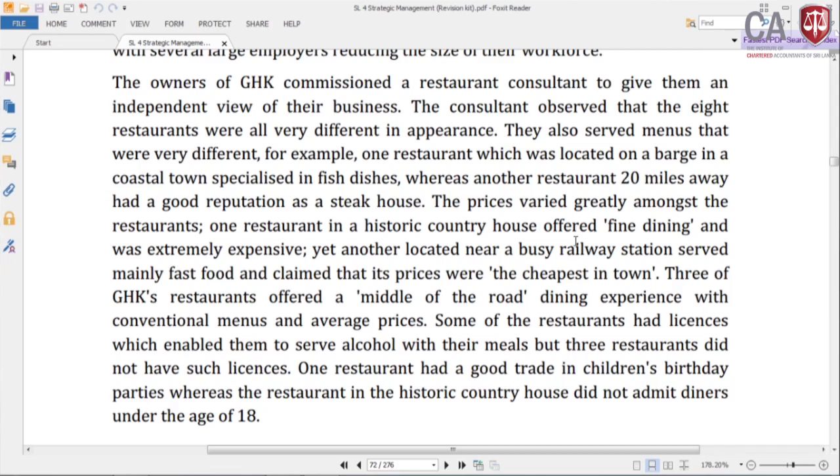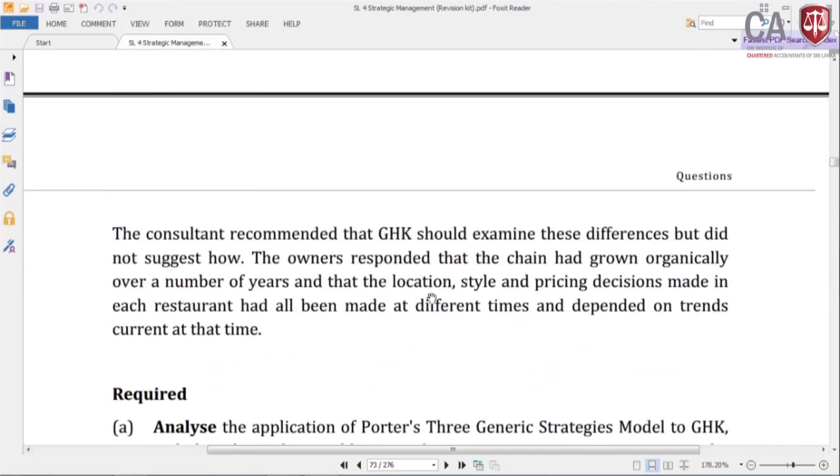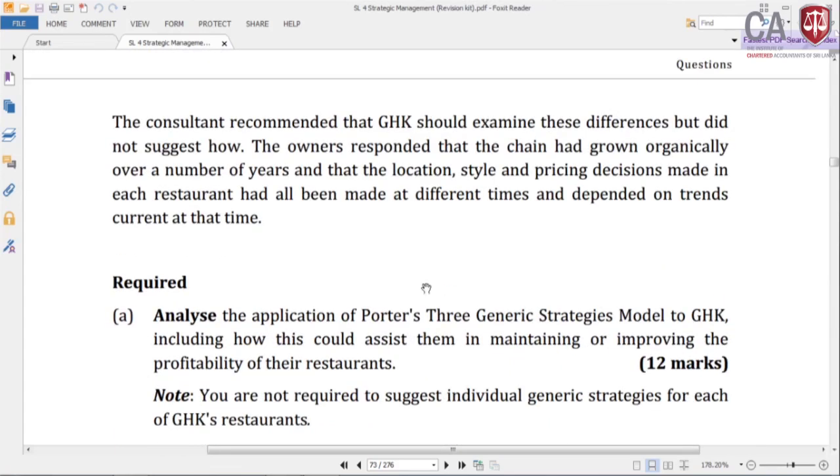Then we look at the balance of the information given also. The consultant recommended that GH should examine these differences, but did not suggest how.